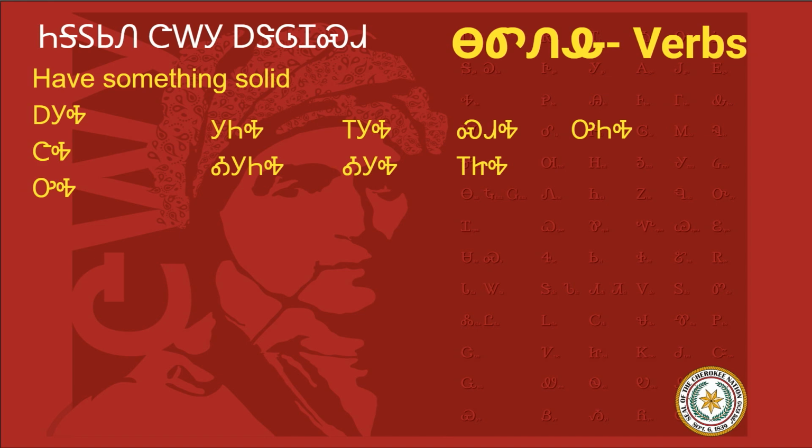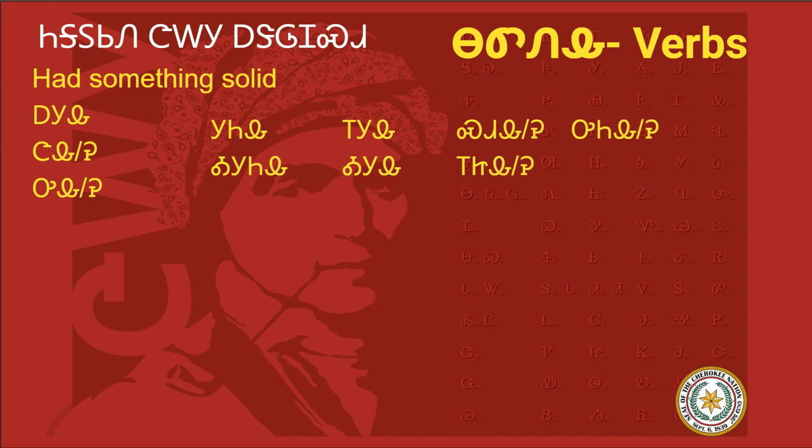And then to change that to had something solid, so agiha becomes agiha. Jaha becomes jaha or jahe, right? Uha becomes uha. Okay, giniha. Oginiha becomes oginiha. Igiha becomes igiha. Ogiha becomes ogiha. Stiha becomes stiha.